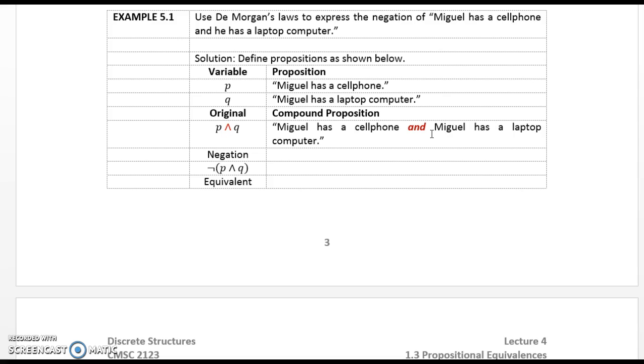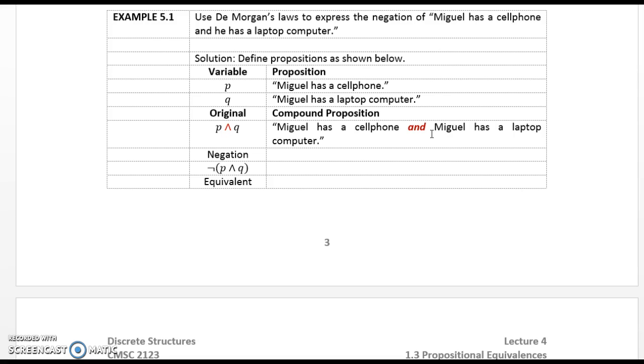Example 5.1. Use De Morgan's laws to express the negation of Miguel has a cell phone and he has a laptop computer. Solution. Define the propositions as shown below. Variable P, Miguel has a cell phone. Q, Miguel has a laptop computer.